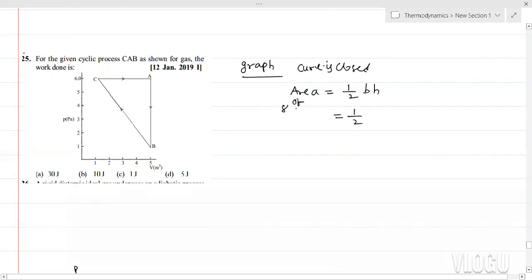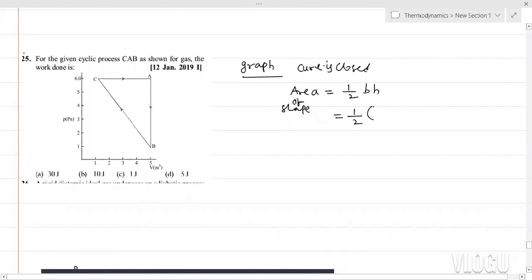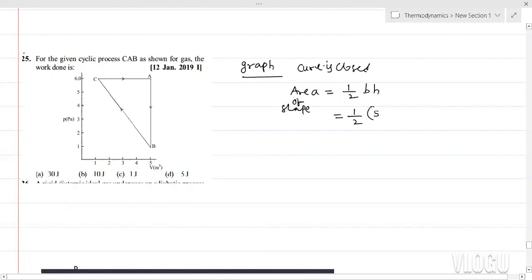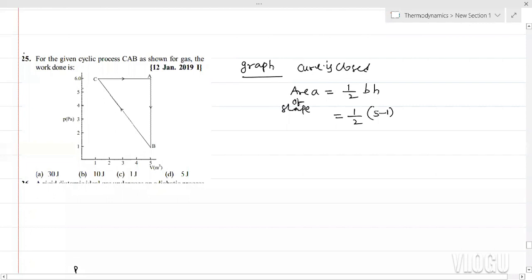Area of the shape, whatever may be the shape we are taking. Half into base, so you need to be very careful: final value minus initial value, 5 minus 1, and also the units, meter cube. So I am writing here meter cube.